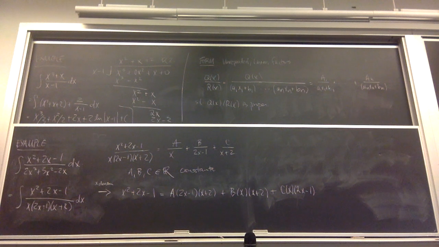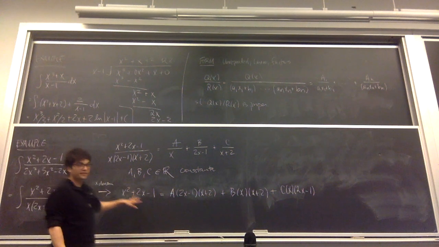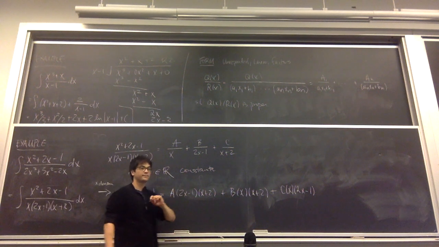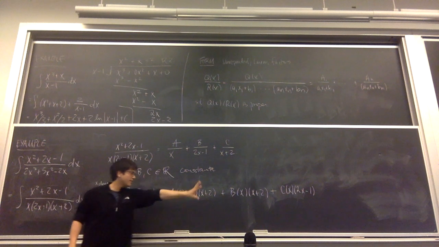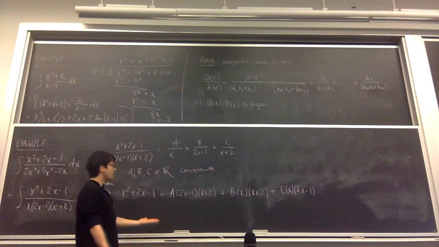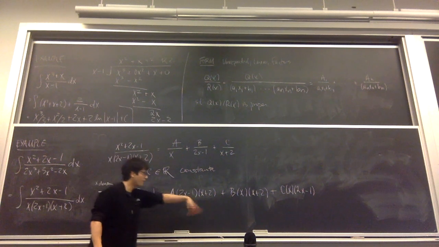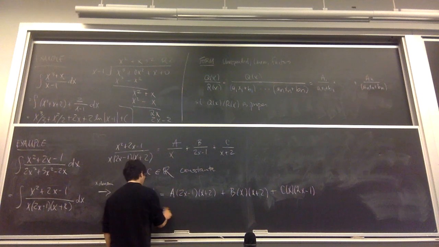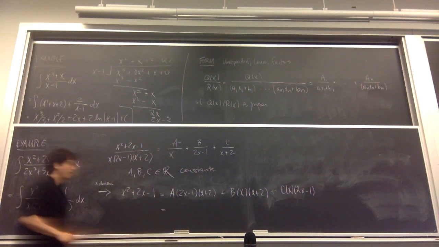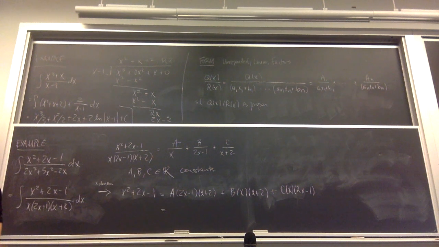Everyone follow? Okay, but you see, this is already enough to recover a, b, and c. If I were to multiply this all out, what you'd get is another polynomial over here. So let's try doing this. But I'm going to show you a simpler way of simplifying these things, just to keep organized.